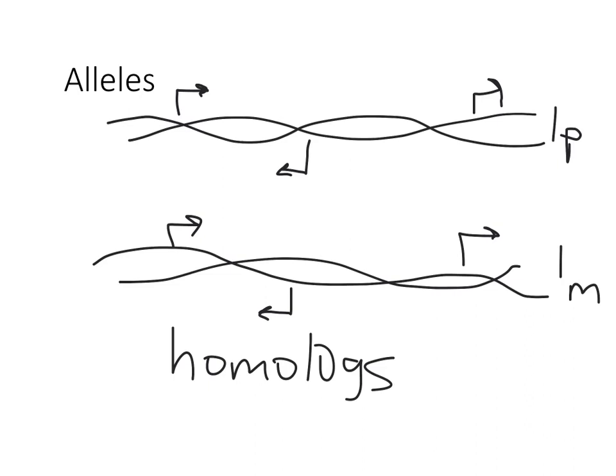We can make up differences. So there could be an A at one specific spot on one homolog, on the chromosome you got from your dad. There could be a C on your mom's version of the same chromosome. And we've talked about that. So those distinctions, what do we call these? Place where it's different from one chromosome to the other. It's a mutation.